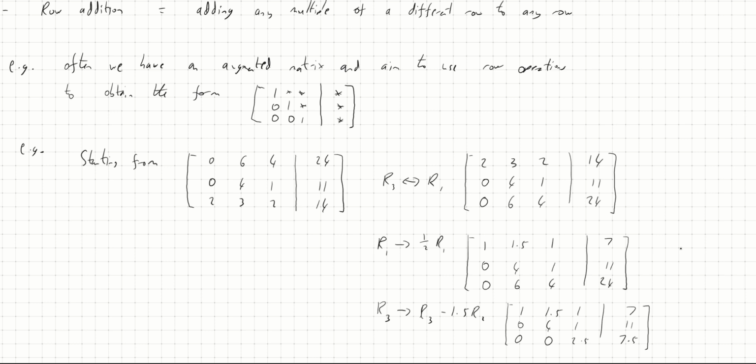We haven't fully finished off because in this example we were trying to get it in the form with 1s on the leading diagonal, but we don't actually have to go any further. Really, we could solve our linear system of equations from this stage. And I've achieved what I wanted in this video, which was just to show the 3 allowable row operations, that is row switching, row multiplication, and row addition.